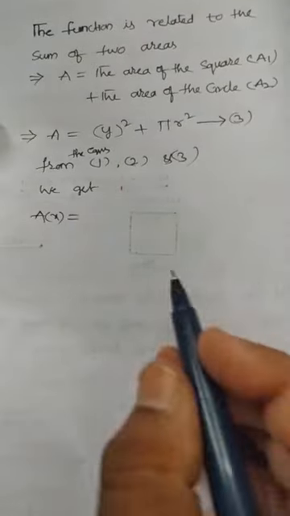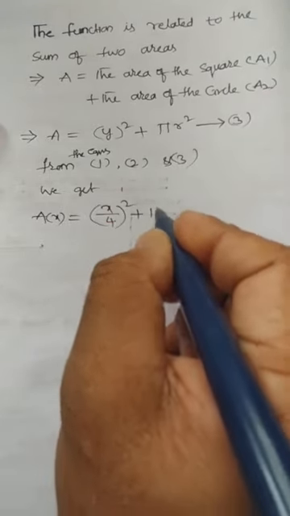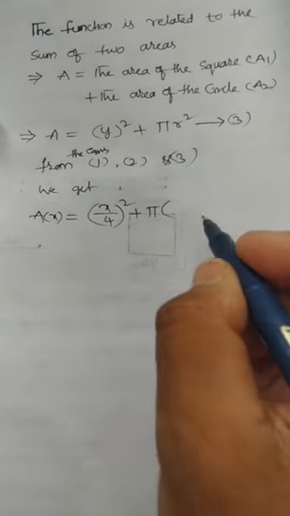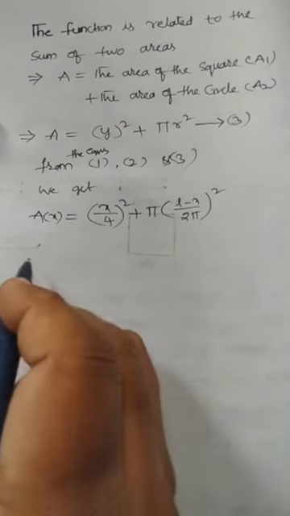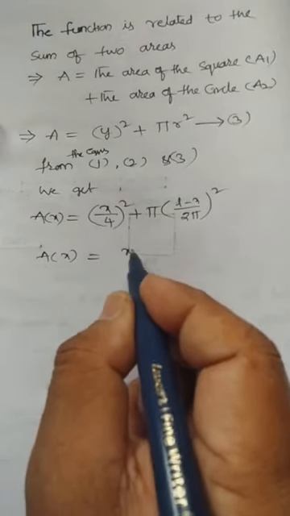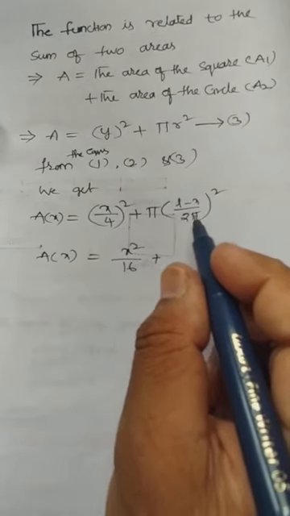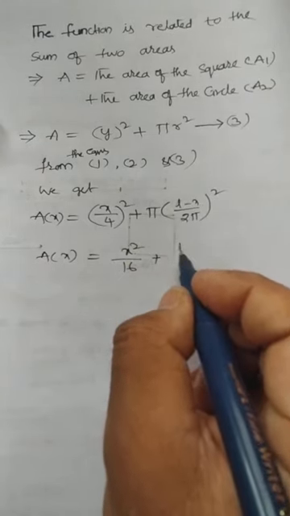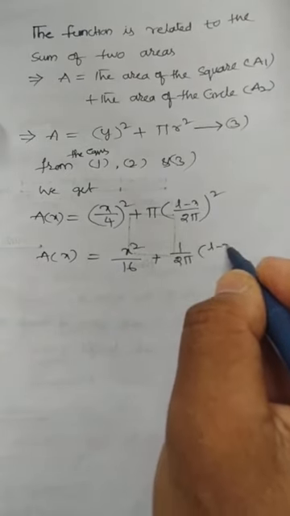x by 4 whole square plus pi into, in place of r I am going to substitute (L minus x) by 2 pi whole square. So A of x, the function value, is what now? x square by 16 plus, here 1 pi cancels with this pi square, remains 1 by 2 pi here, and here L minus x whole square.